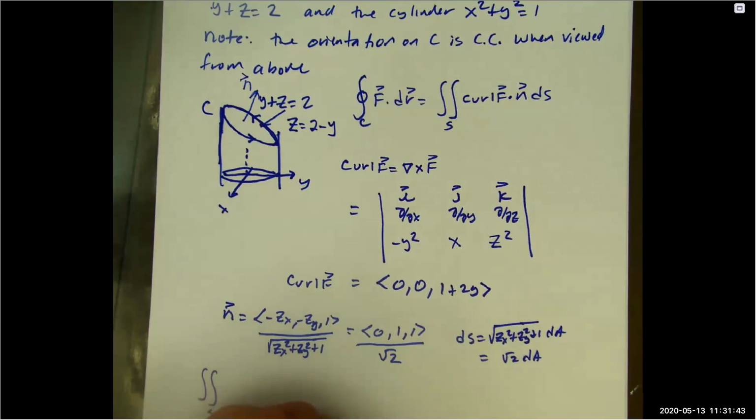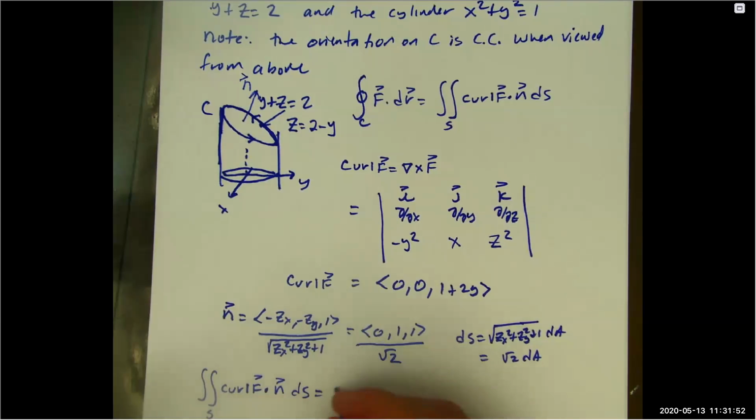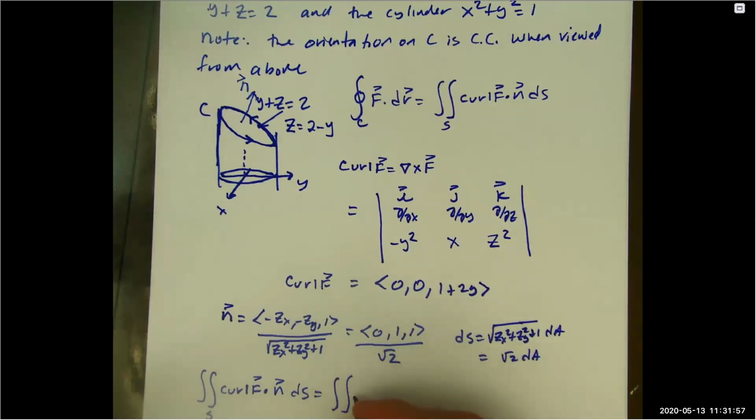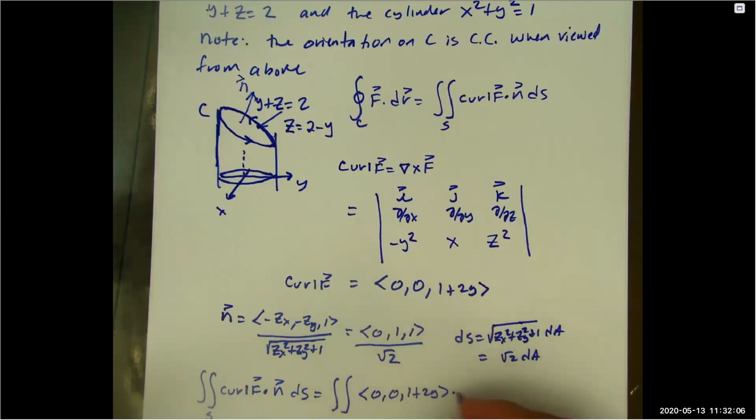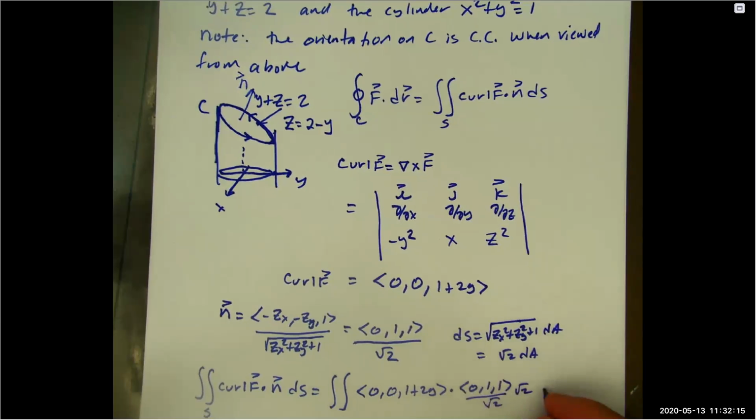So what we're going to have is that our surface integral is going to be equal to our curl. And so our curl is 0, 0, and 1 plus 2y. And then we're going to dot this with 0, 1, 1 over root 2, and then root 2.